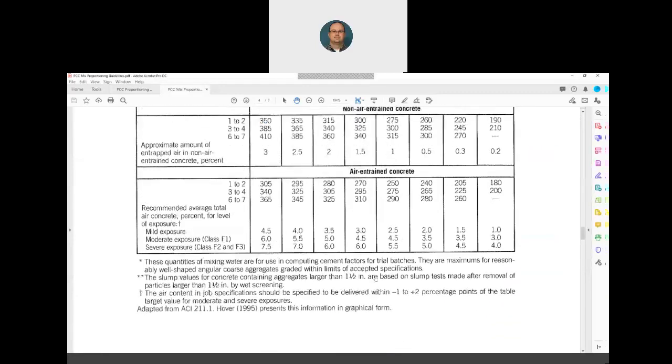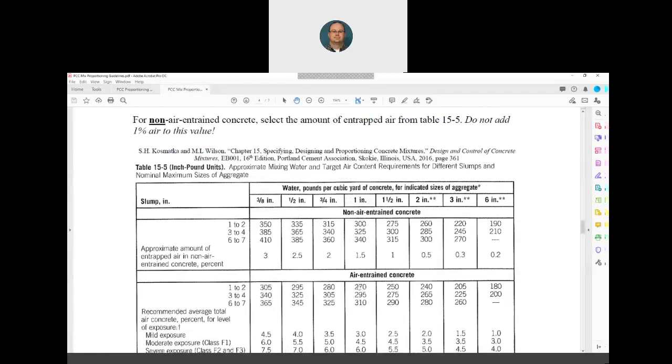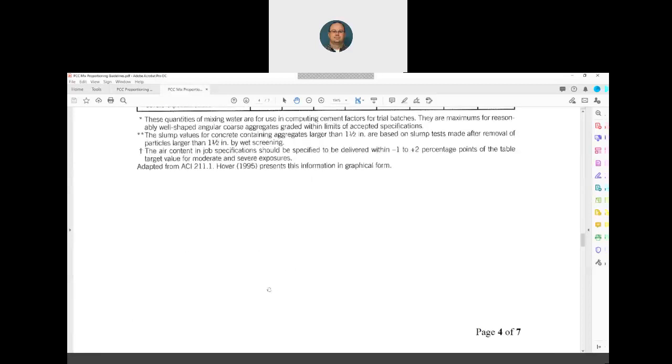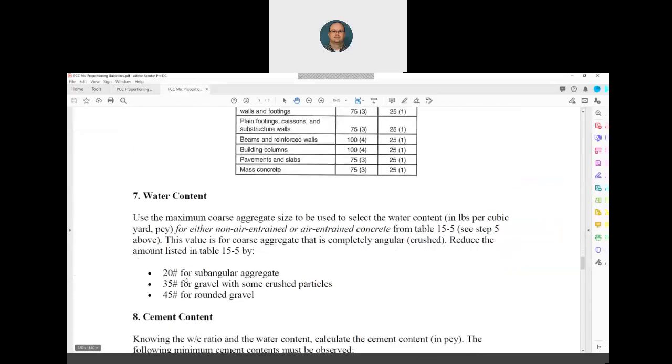Remember, that came from this table right here. And I am going to subtract the respective value if I have some crushed particles, subangular aggregate, or rounded gravel. I'm going to subtract that amount of water, in pounds. All right. So rounded gravel has less surface area, so there's less cement to coat. That means we need less water to hydrate the cement. So that's step 7.